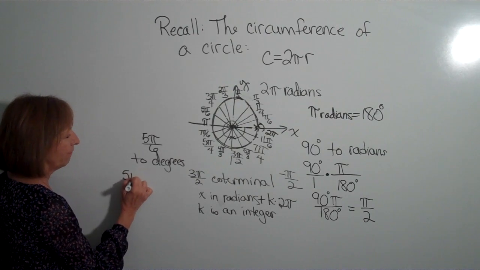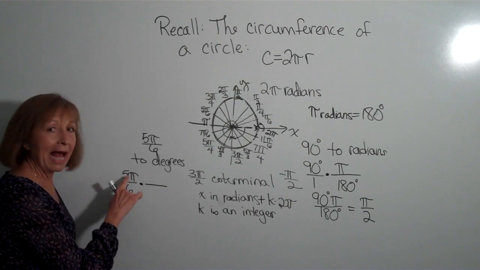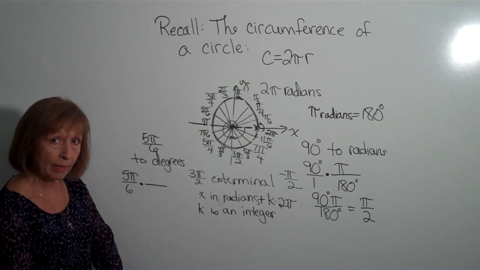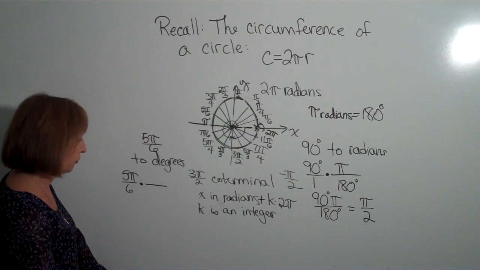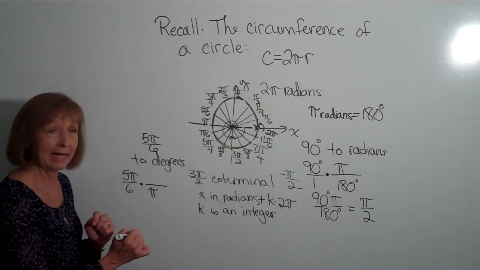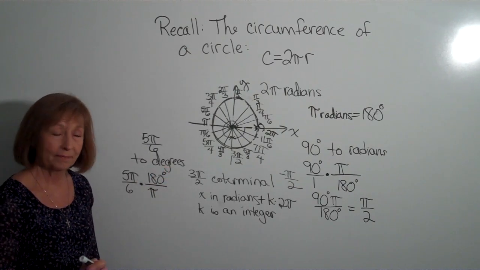Well, I have my 5 pi over 6, and I'm going to multiply it by, I have radians right now, and I don't want radians. So I want the radians to cancel out as common factor pairs, and so I need to have pi radians in the denominator and 180 degrees in the numerator.